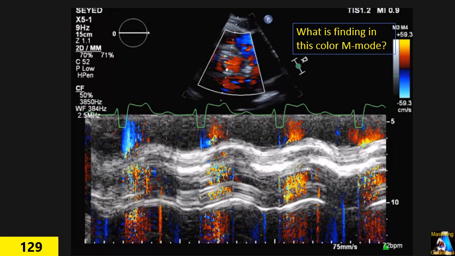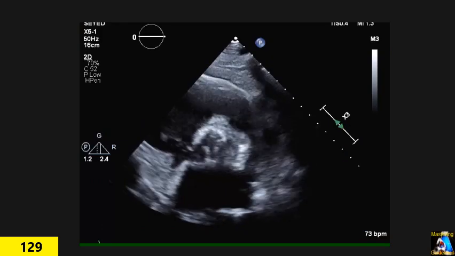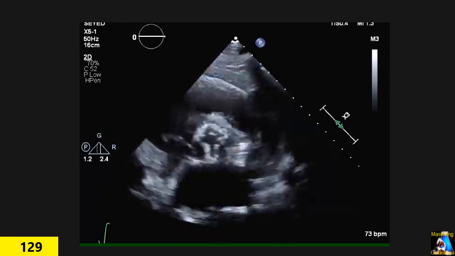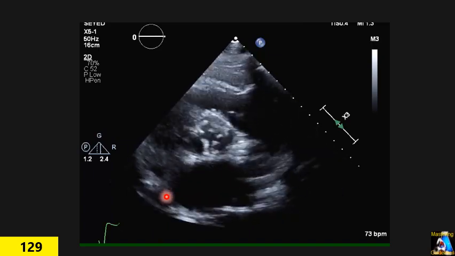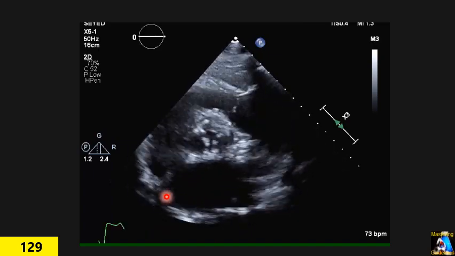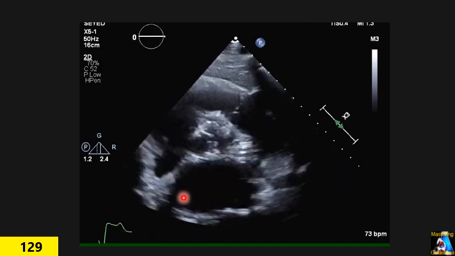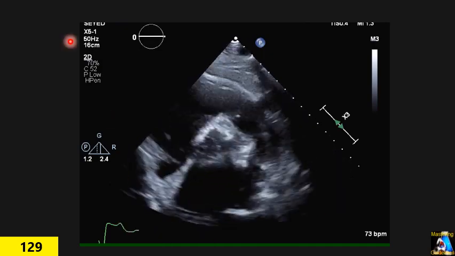Here we did M-mode, color M-mode on that short axis of the aorta. What positive finding do you see on this color M-mode? Next, here a little more view, a better view. What findings can you see on this short axis, and what should you do on this image specifically?